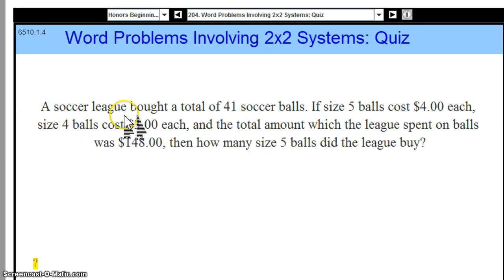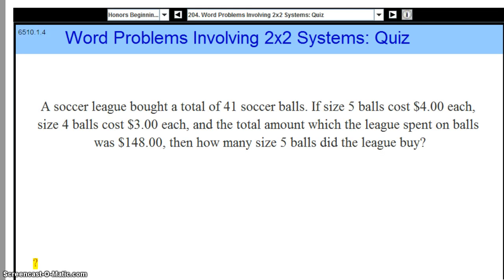And if the league bought a total of 41 balls, then the number of size 5 balls plus the number of size 4 balls is 41. So let's write that: x plus y equals 41. Okay, so that's our first equation, because the league bought 41 balls, and of the size 5 balls and the size 4 balls, there's 41.